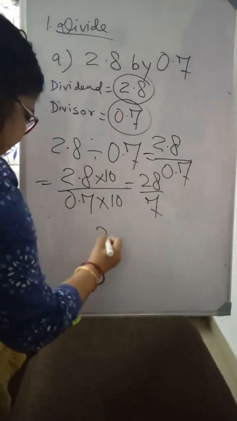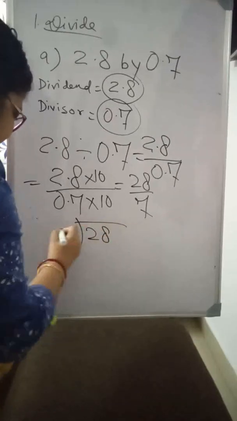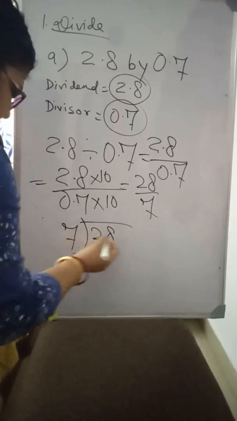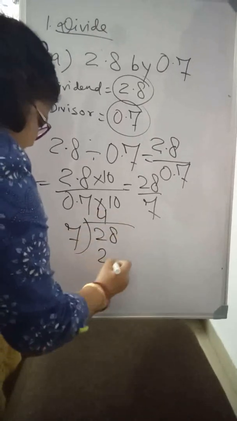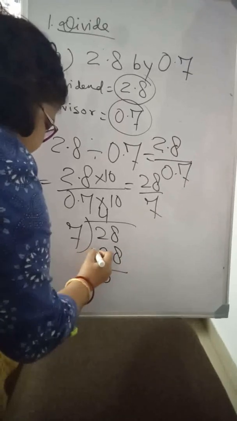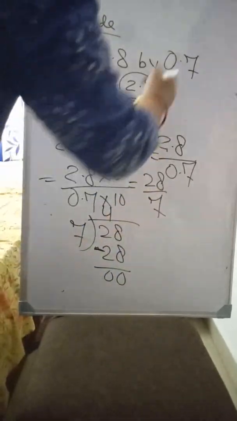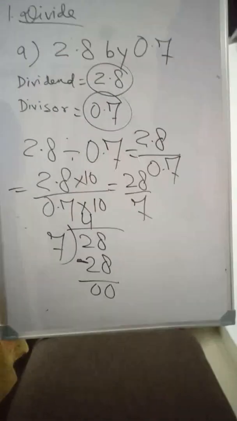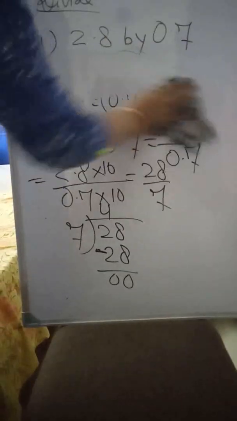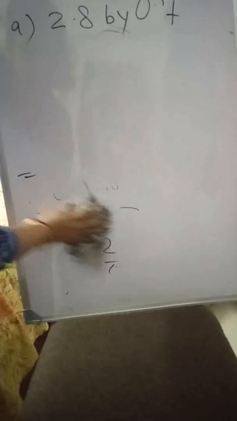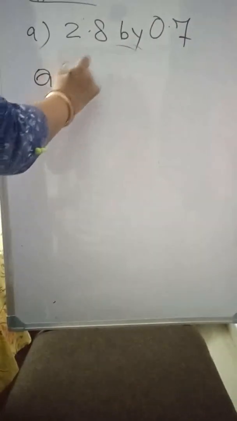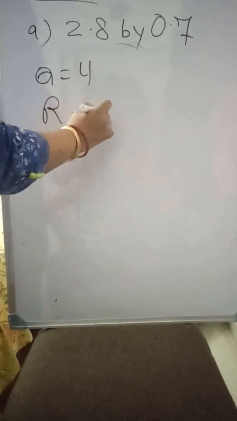So 28 is the dividend and 7 is the divisor. So start the table. 7 fours are 28, minus, 0. So what is the quotient? The quotient is 4 and the remainder is 0.